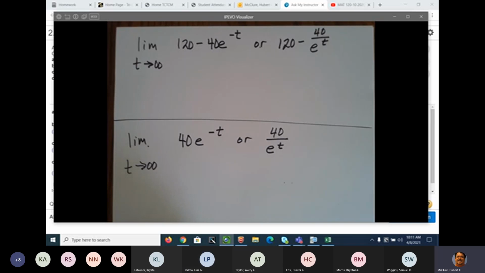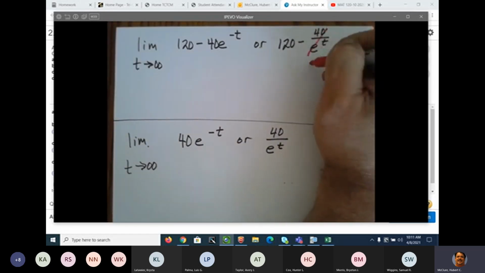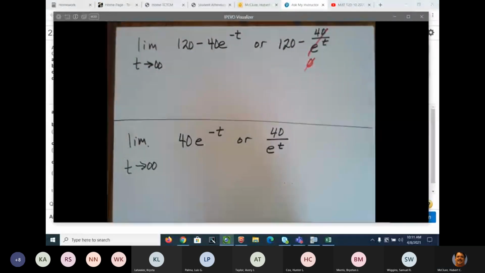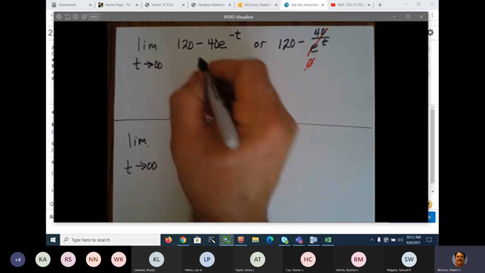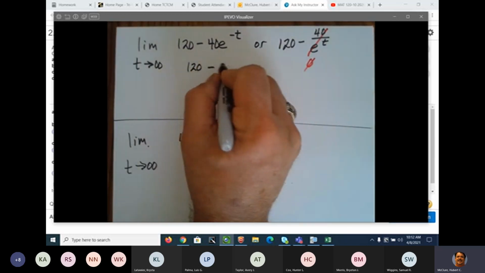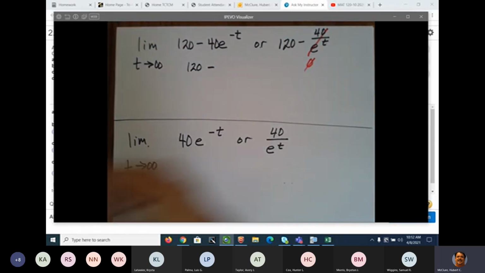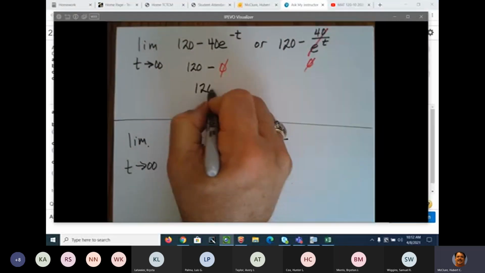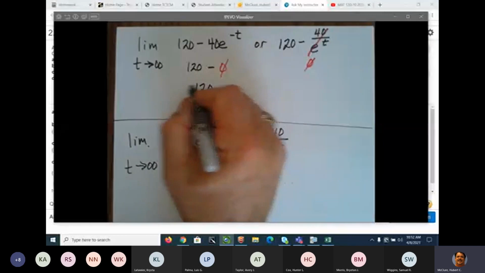So let's take our handy dandy red marker and cancel this out to 0. So 120 minus 0 is equal to what? $120. So basically, you are approaching 120 million bucks.